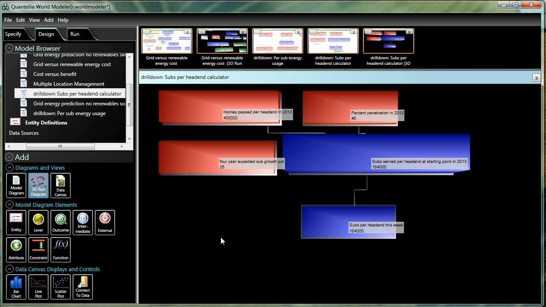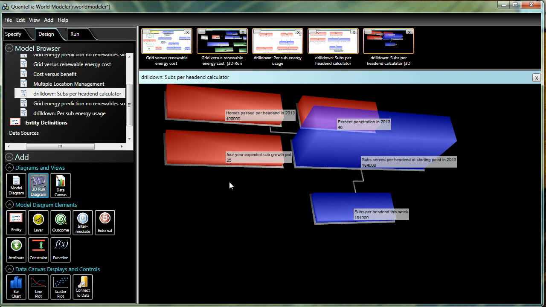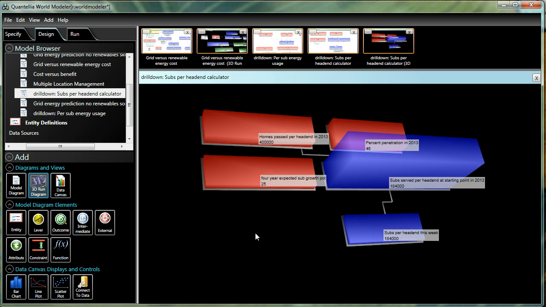And so just to get really clear about that, we figure subscribers can grow 25% over a 4-year period at a particular head end. Now you may have other CAGRs that you want to put in here, and this model allows this to be substituted pretty straightforwardly.